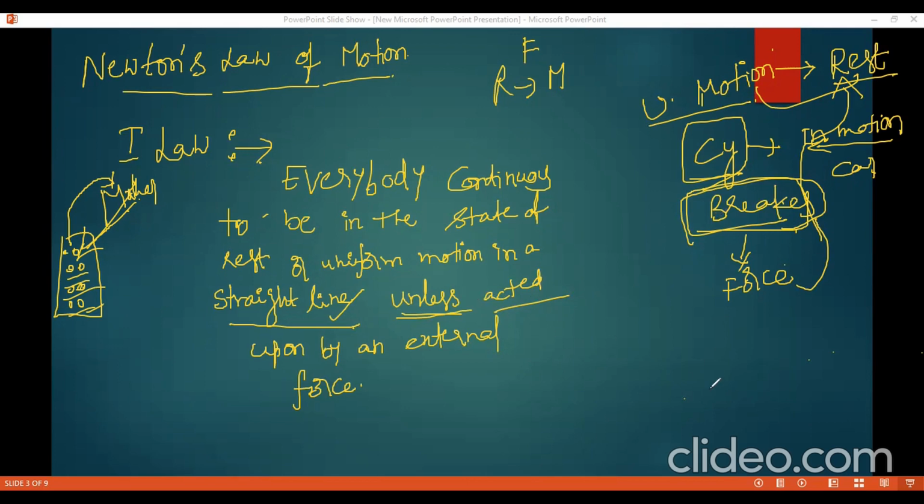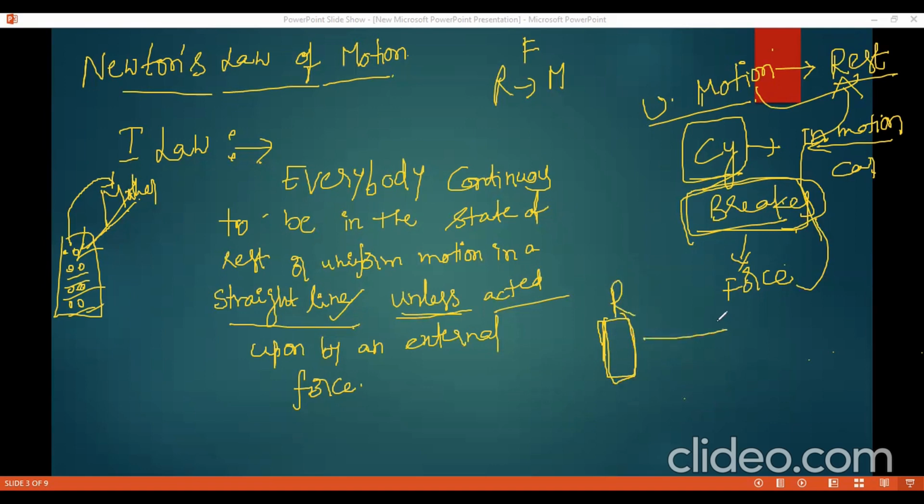Everybody says if the body is moving, it likes to keep moving. If the body is at rest, it stays at rest only. That property of a body, that it does not like to change its state, right?